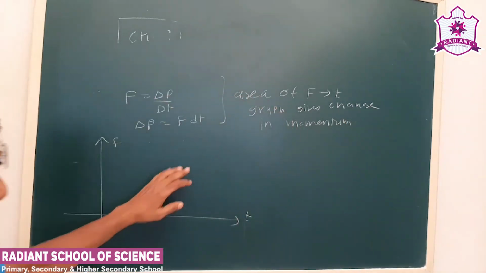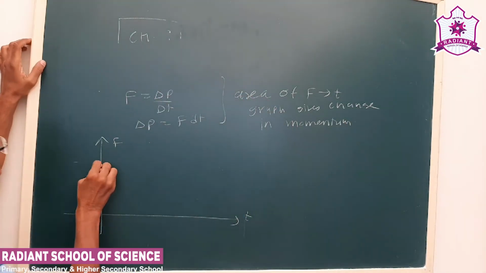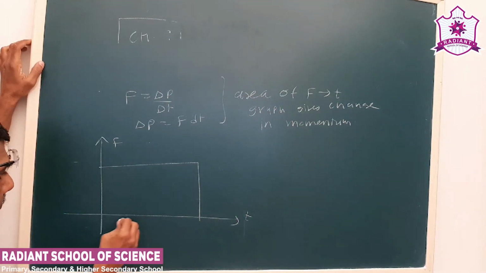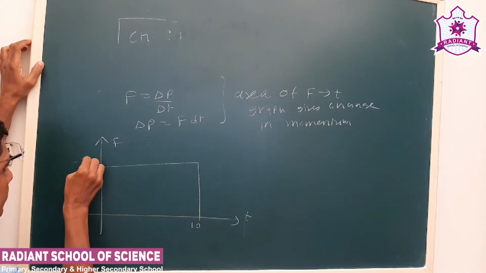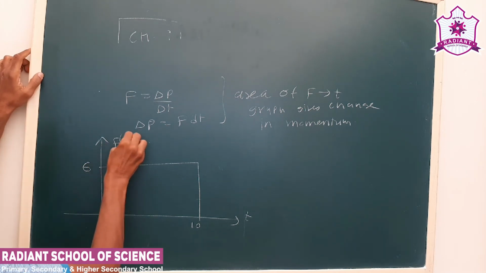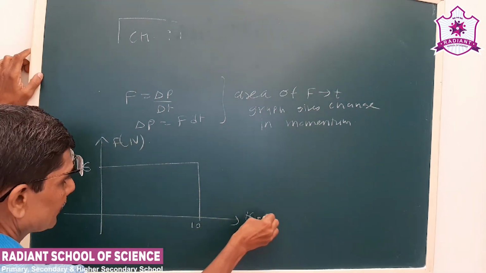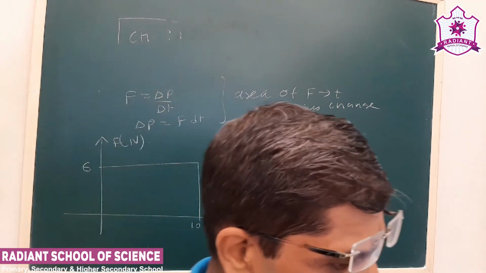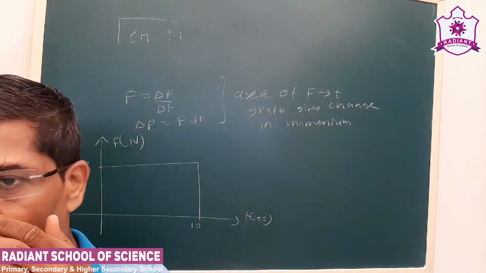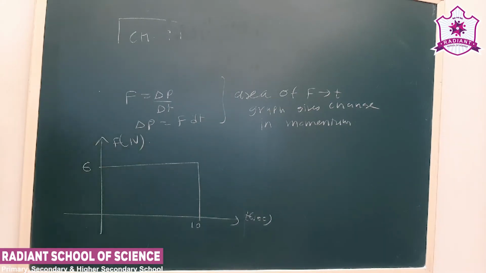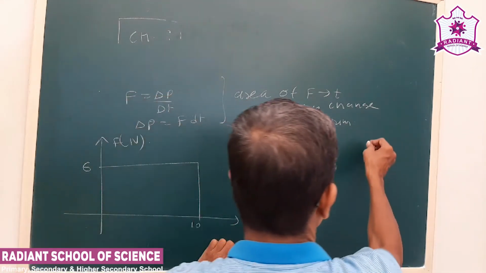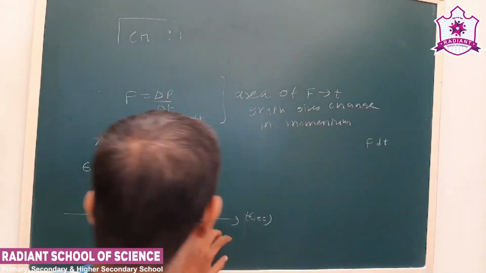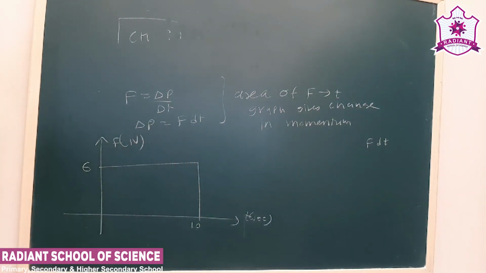Now we take one simple example. Okay, force is in Newton and time is in second. Now what we see is a rectangle. Now as I told, the area of the force versus time graph gives the change in momentum. How? We can multiply F into T. But we have seen F into delta T is the change in momentum delta P.